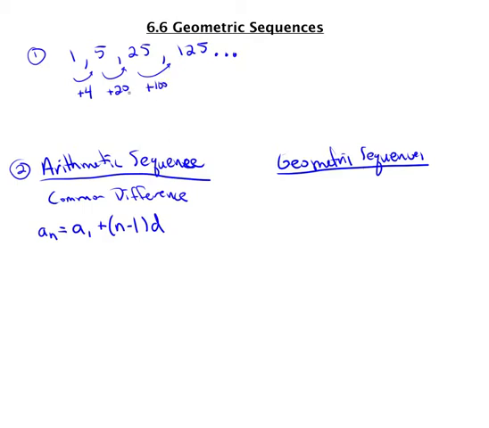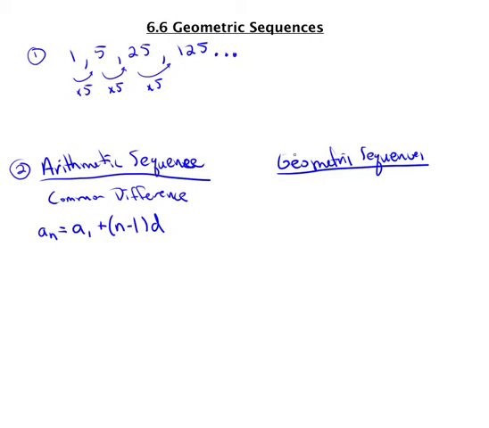We can see that there's not a common difference, so it is not an arithmetic sequence. And so I think you can see that it's times 5 each time. 5 times 5 is 25, and 25 times 5 is 125.